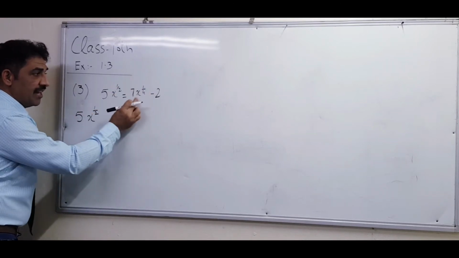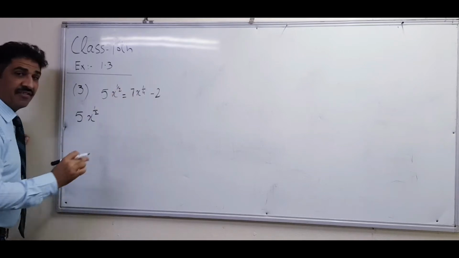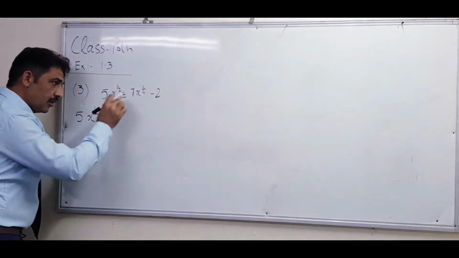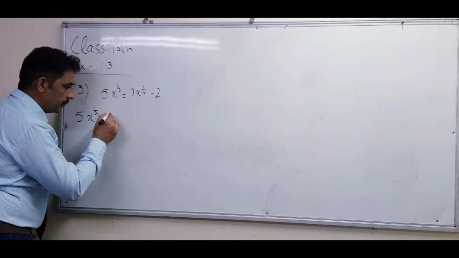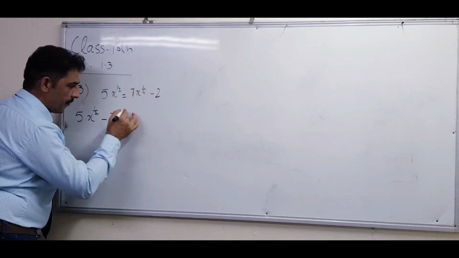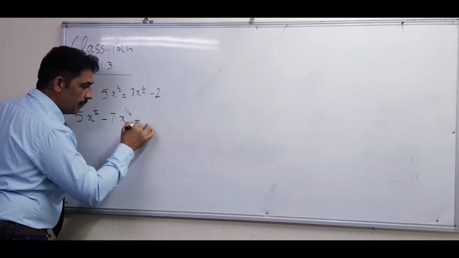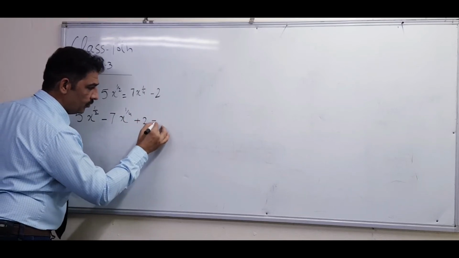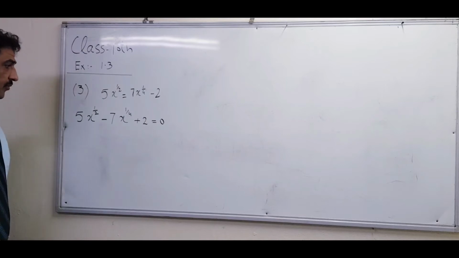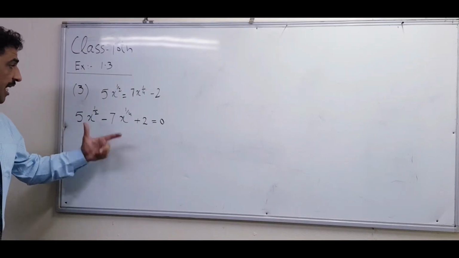When we shift 7x raised to power 1 over 4 to the left hand side, what changes? Good, the negative sign. And minus 2 shifts into plus 2, equal to 0.